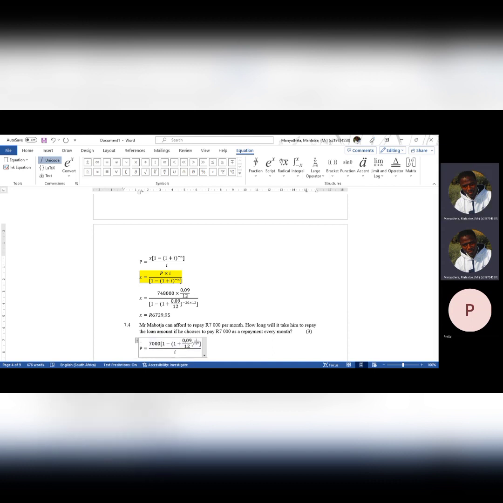The exponent negative n, we don't know the value of n, so we leave it like that. So let's go to the denominator and fix this. i is 0.09 over 12.